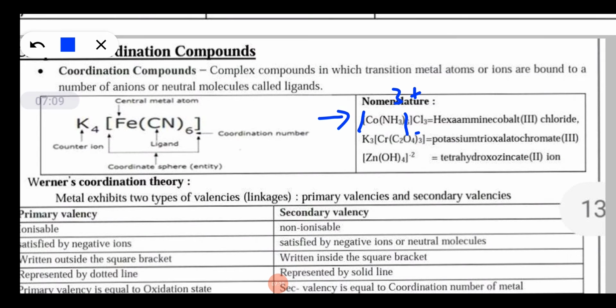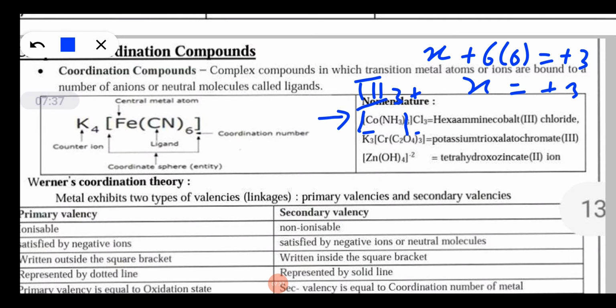So 3 plus means, after this, in the next step you have to find the oxidation number of the central metal ion. Cobalt is the central metal ion, so suppose the oxidation number of the cobalt is X, and X plus 6 NH3, so 6 ammonia is a neutral ligand, so 6 into 0, and the overall charge on the coordination sphere is plus 3, so the oxidation number of the cobalt will be plus 3.